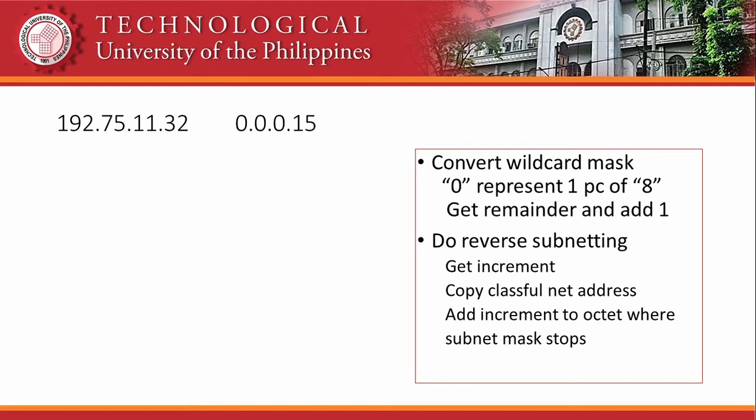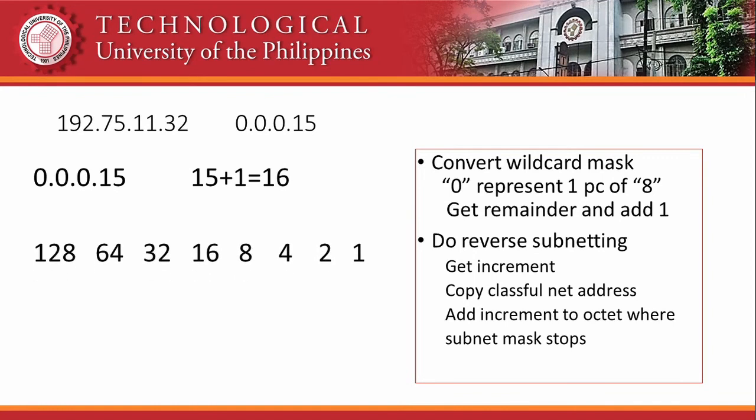So, first step is to convert yung wildcard mask sa subnet mask. Ang gagawin lang ay titignan natin saan sa wildcard mask may huling value. So, yung 15, mag-a-add lang tayo ng 1, so magiging 16. This time, titignan natin sa decimal notation ng binary bit natin kung nasaan yung 16 or kung pang ilan bit siya.